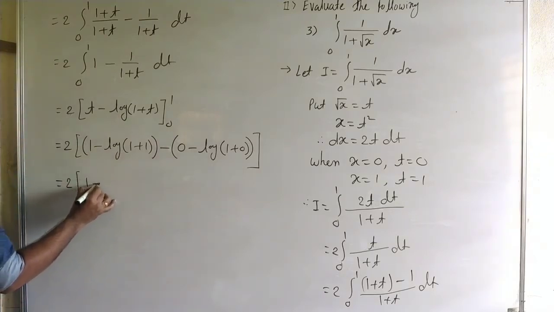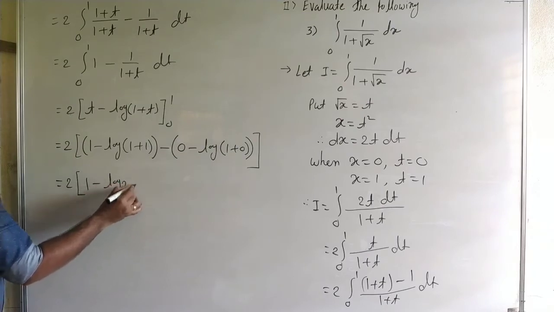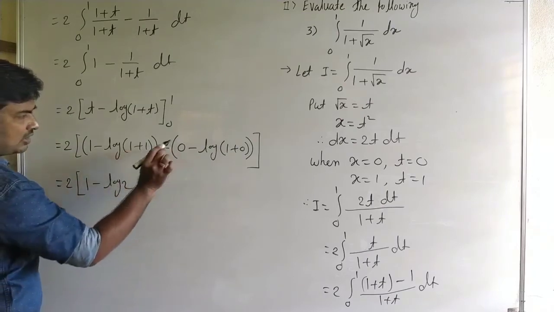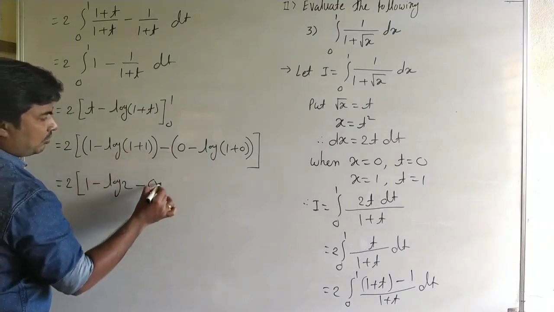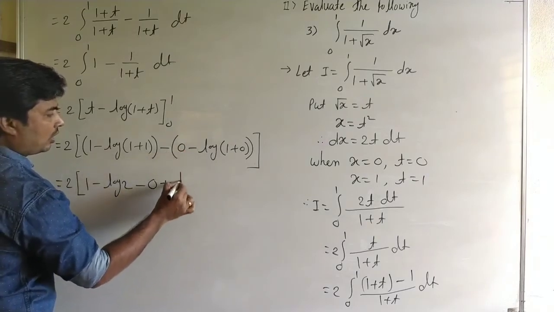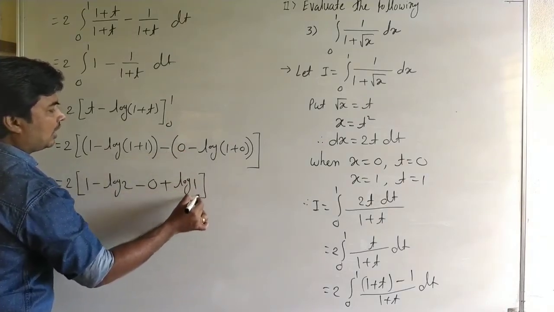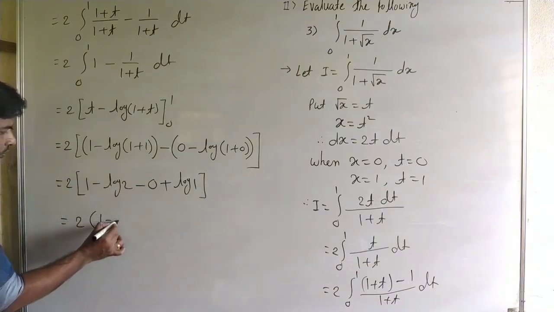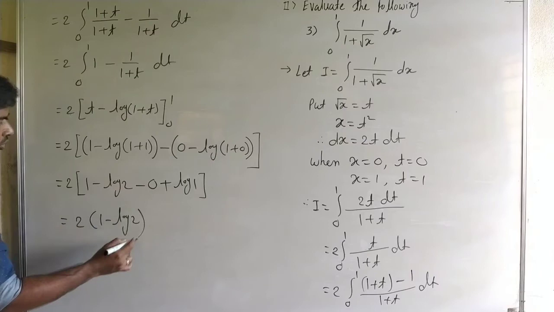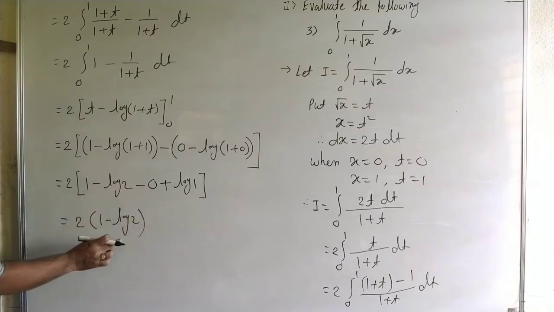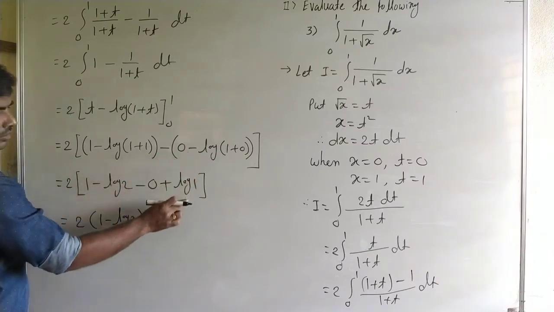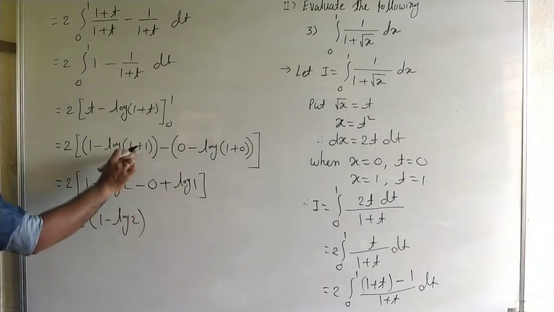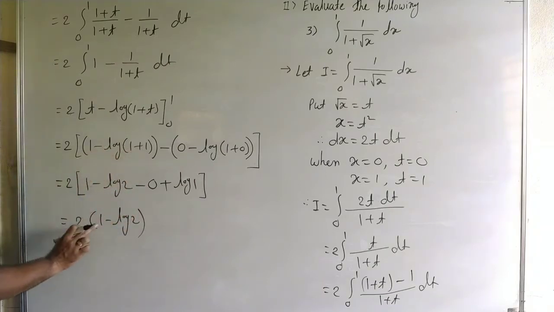Here it is 1 minus log 2, minus 0. Okay, and here minus minus plus log 1. Okay, and log 1 is also 0. Therefore the last answer is 2 into 1 minus log 2. Log 1 is 0, and it is log 2, and it is 1. 2 into 1 minus log 2 is the last answer.